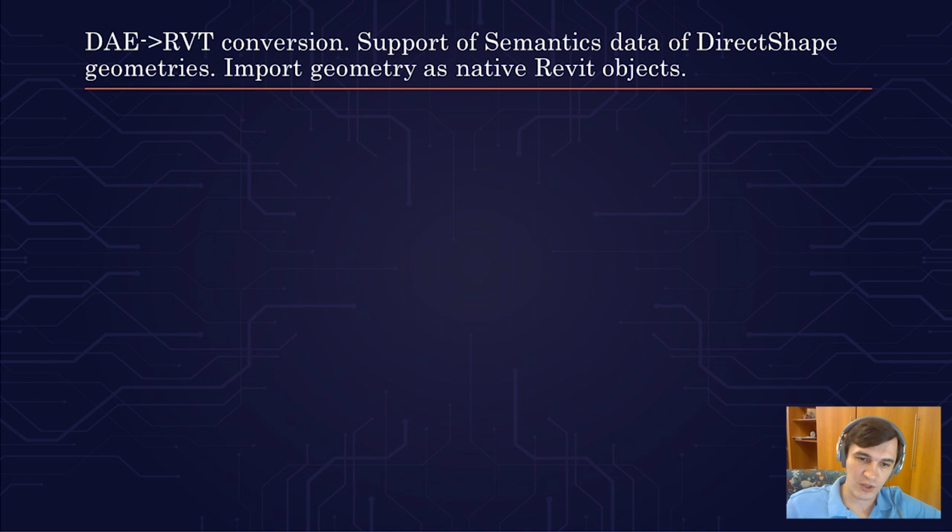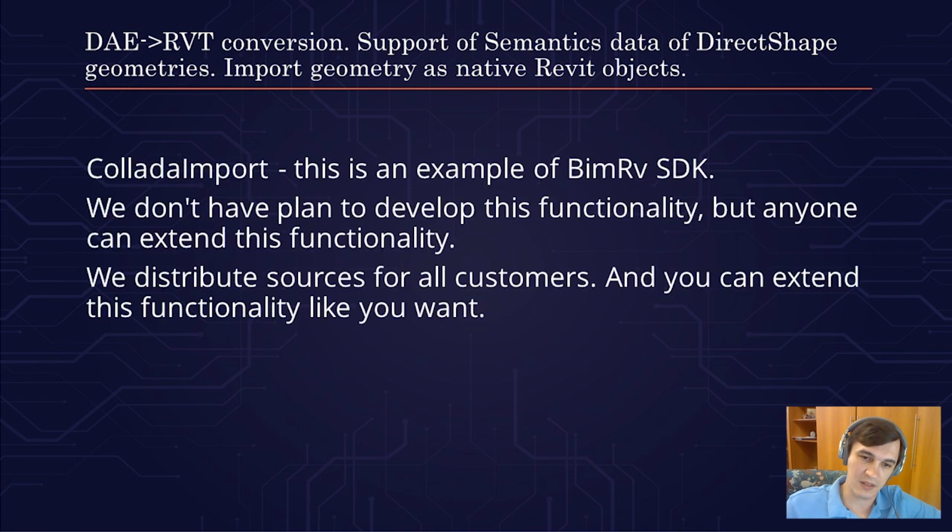Questions about conversion of Collada files to Revit file format and future direction. Collada Import is an example in BimRv SDK, and during importing a Collada file, we get information about meshes inside the Collada, and we create this geometry in our file format.